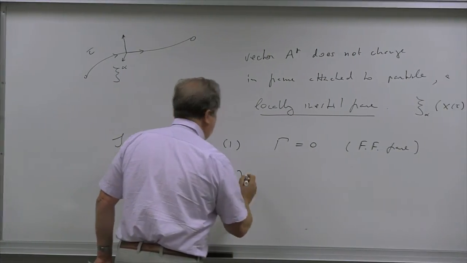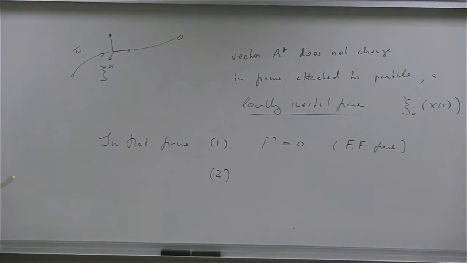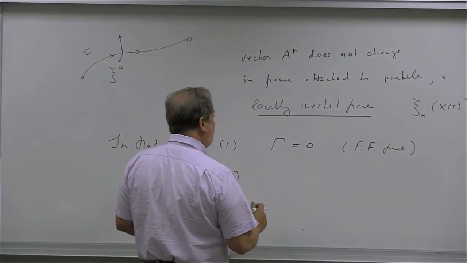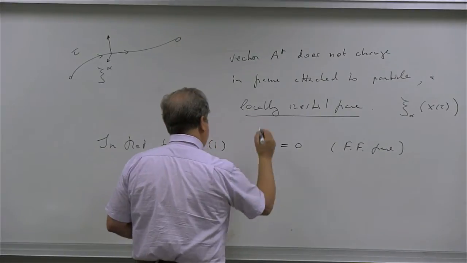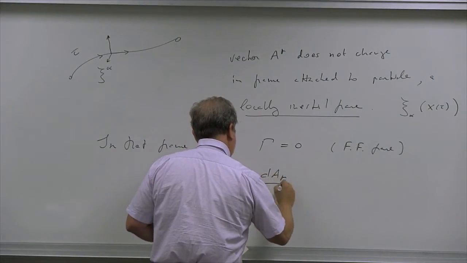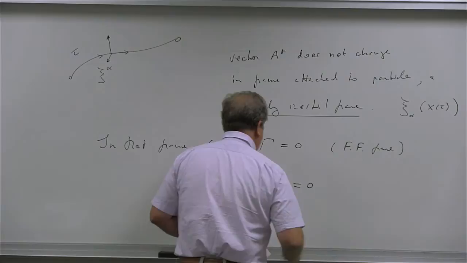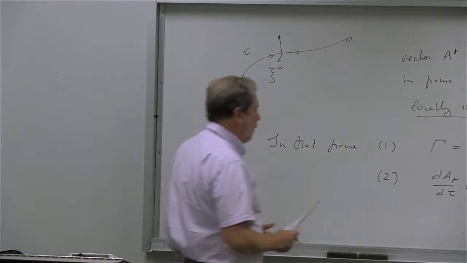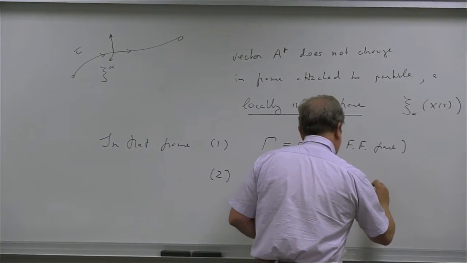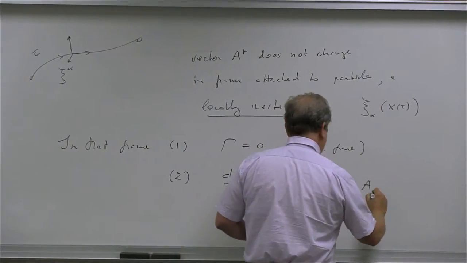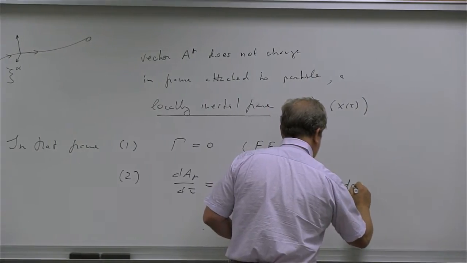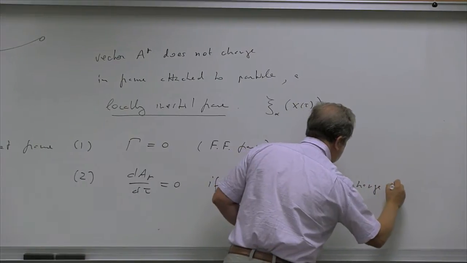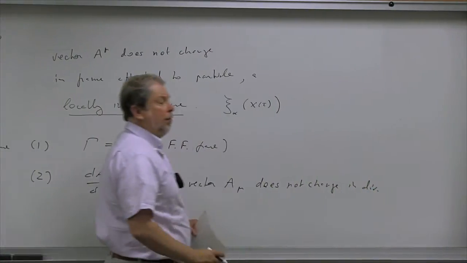And the second thing that happens in that frame is that dA mu by d tau is equal to 0 if vector A mu does not change, not change in direction.